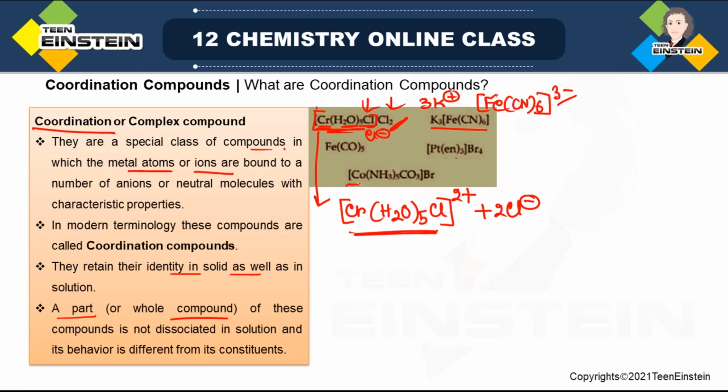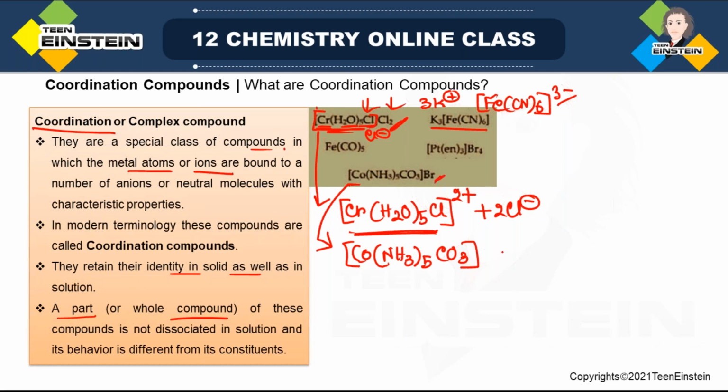Now, if we take the last example, what will we get? We will get Co, 5 ammonia, then carbonate, and 1 Br.